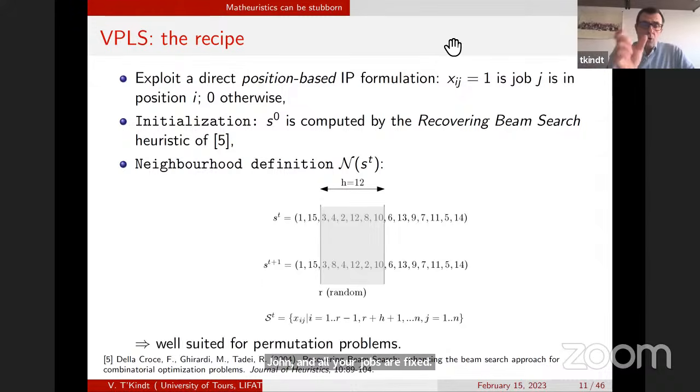So this kind of approach with a window of positions, and the window can for sure change along the sequence, is well suited for permutation problems. If your scheduling problem is just a permutation problem, I would say use that approach. It's quite natural.